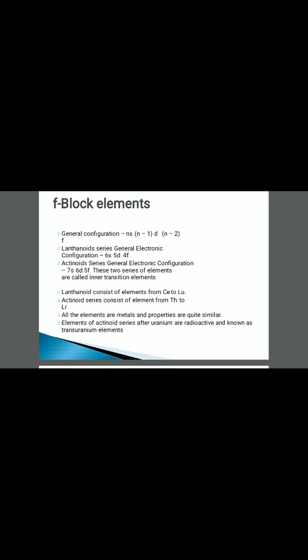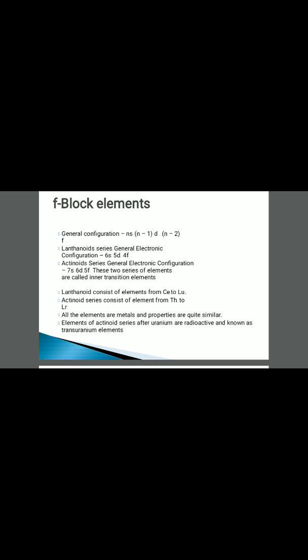Pay attention to the various electronic configurations for the corresponding groups. There are two series of F block elements containing 14 elements each. Therefore, in all, there are 28 F block elements in the periodic table. These are placed at the bottom of the periodic table.